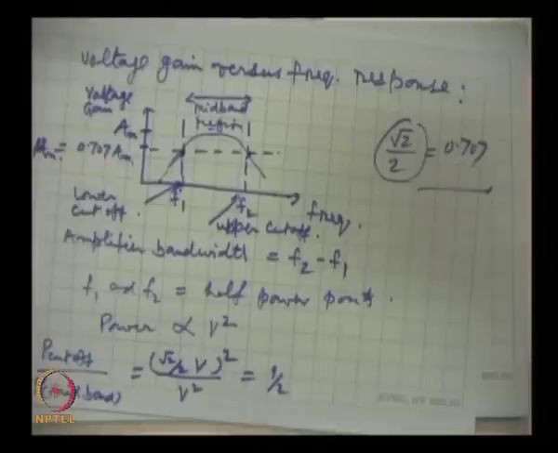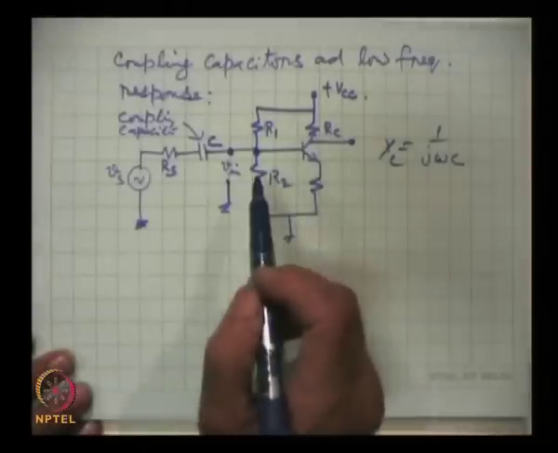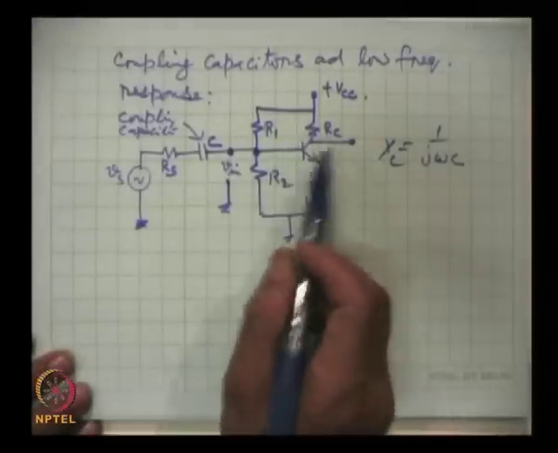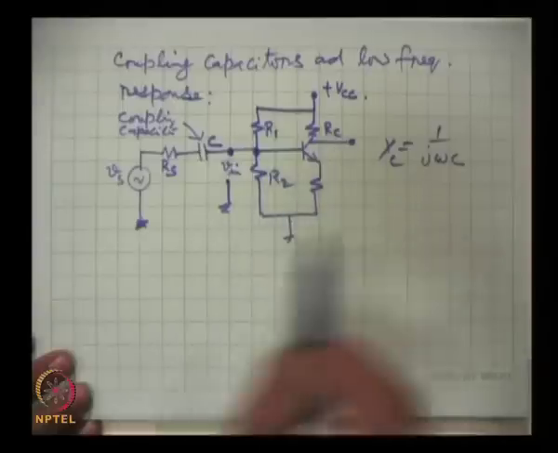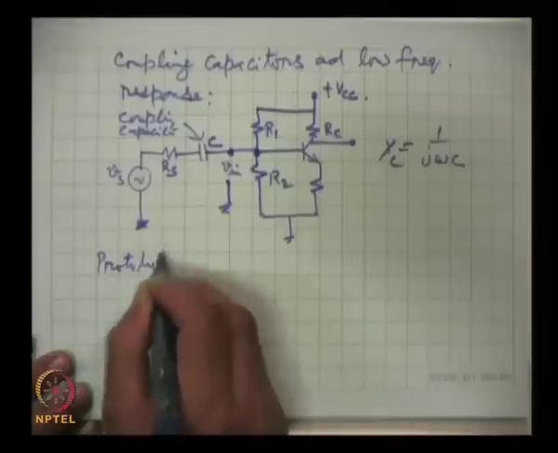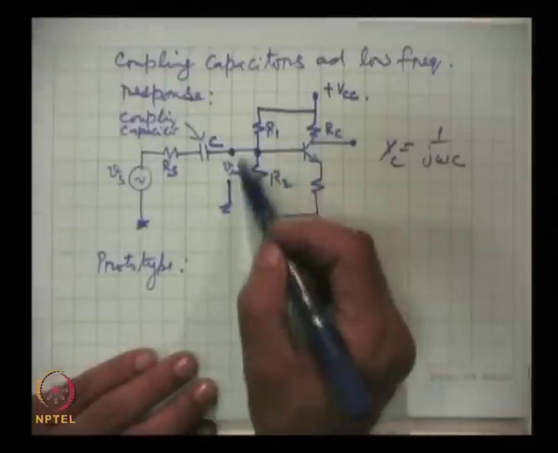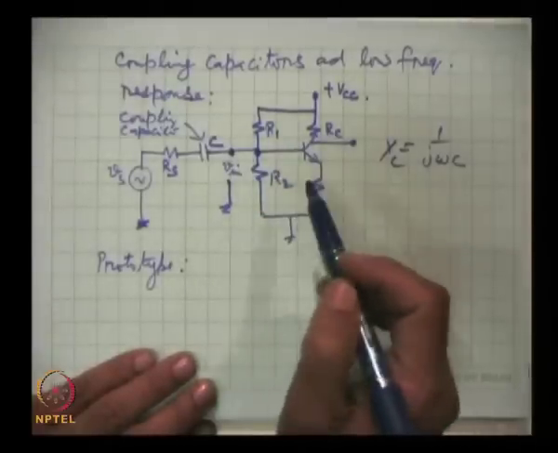How low the lower cutoff frequency F1 will be depends on the value of the coupling capacitor C. Now, for analysis purposes we can Thévenize this circuit and draw a prototype circuit, where we replace this by a Thévenized resistance.